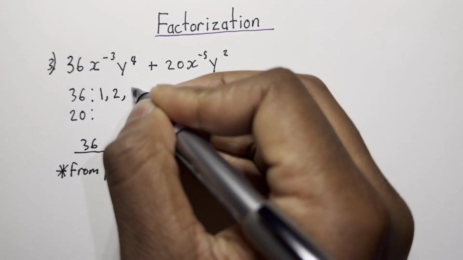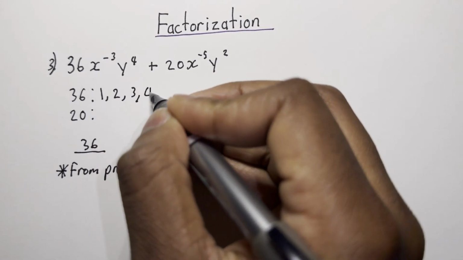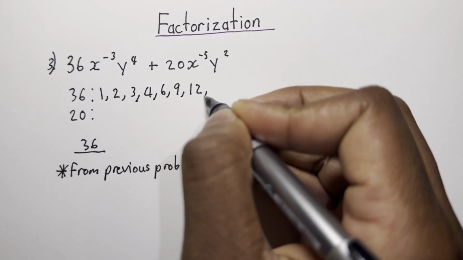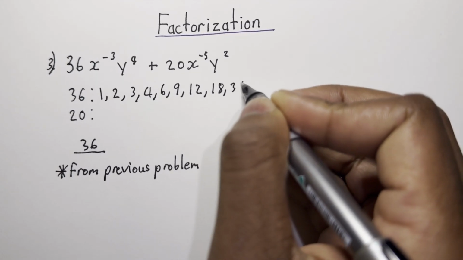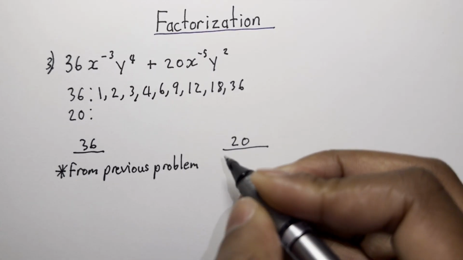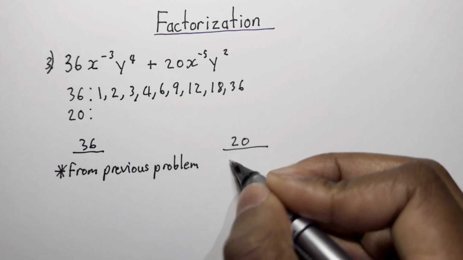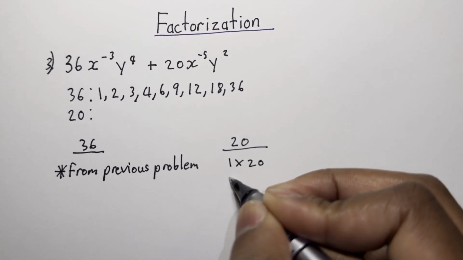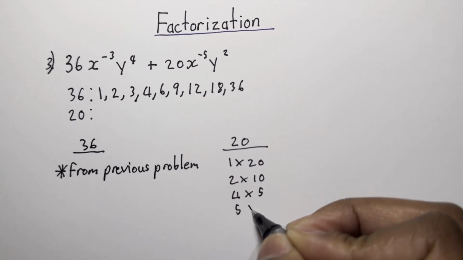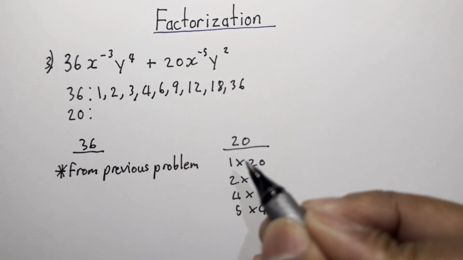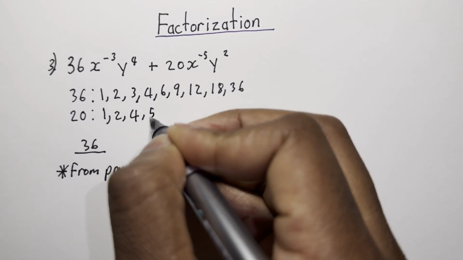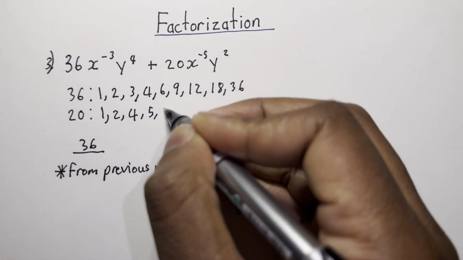1, 2, 3, 4, 6, 9, 12, 18, 36. Now let's find the factors of 20. 1 times 20, 2 times 10, 4 times 5, 5 times 4. So the factors are 1, 2, 4, 5, 10, 20.